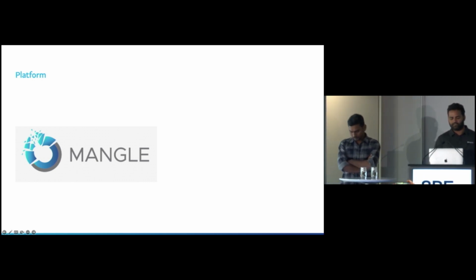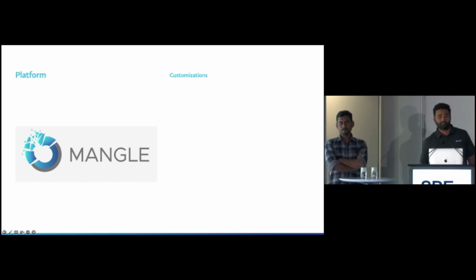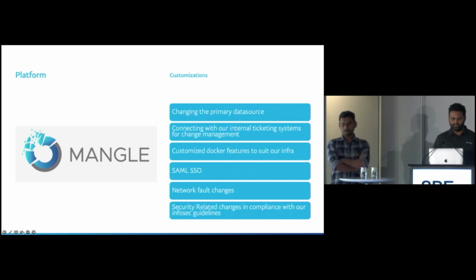How we started is, we obviously had to make some customizations. So we took the Mangle open source and made these customizations. First, we have some InfoSec guidelines in our firm, which asked us to integrate it with our ticketing system, so that all the change management takes place. Also, the Docker fault container that was there in Mangle wasn't working with our infra, so we made some Docker container related changes so that the faults can work on our pods.